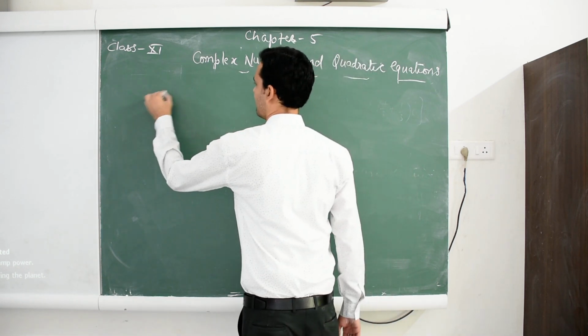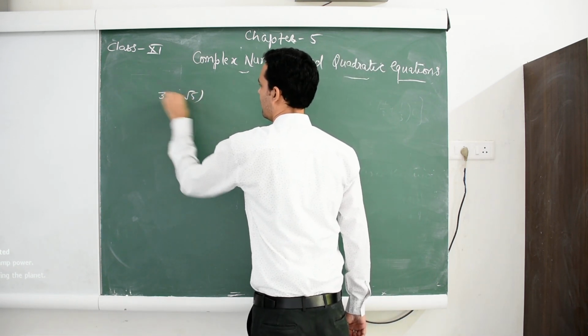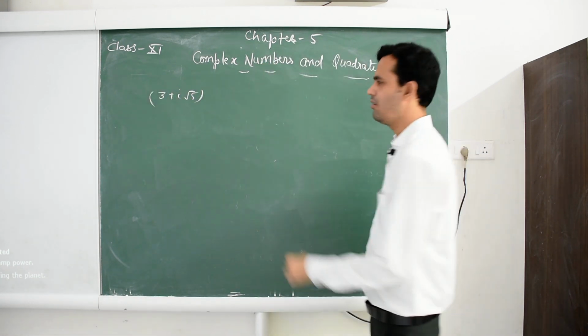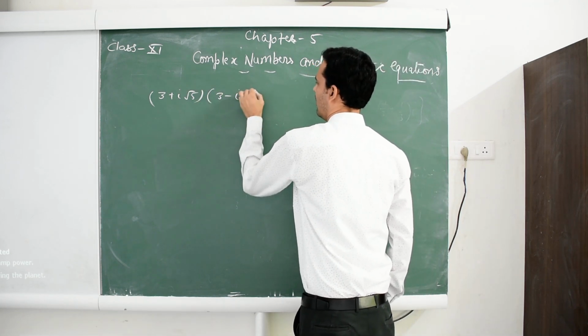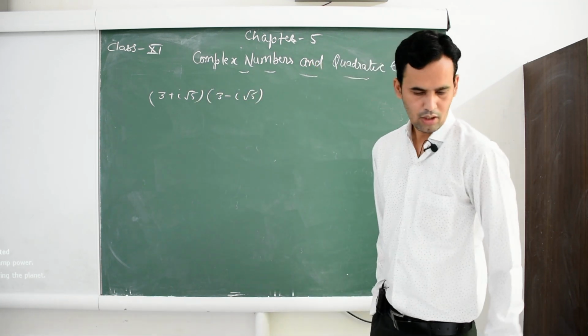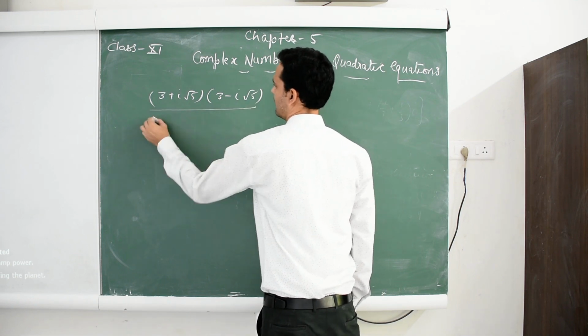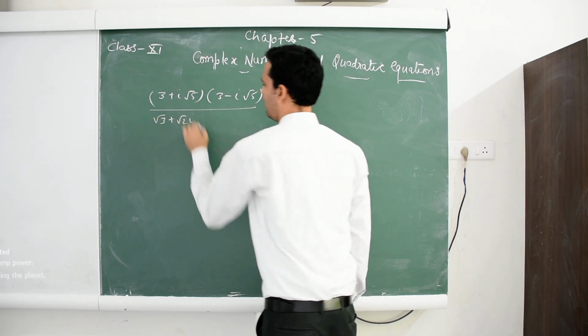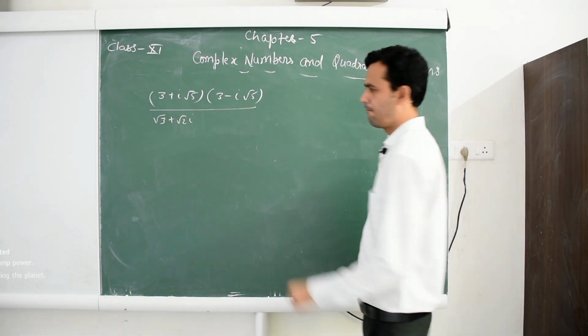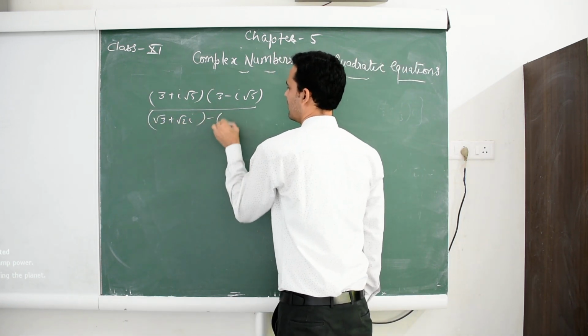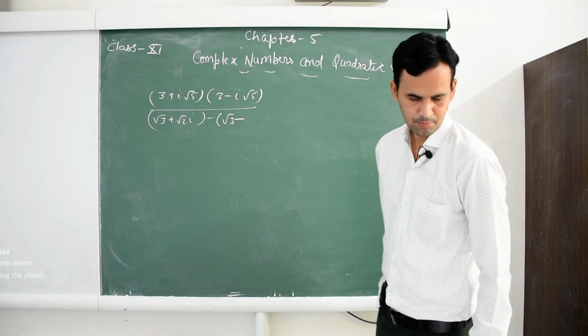3 plus i root 5 into 3 minus i root 5 upon root 3 plus root 2i minus root 3 minus root 2i.